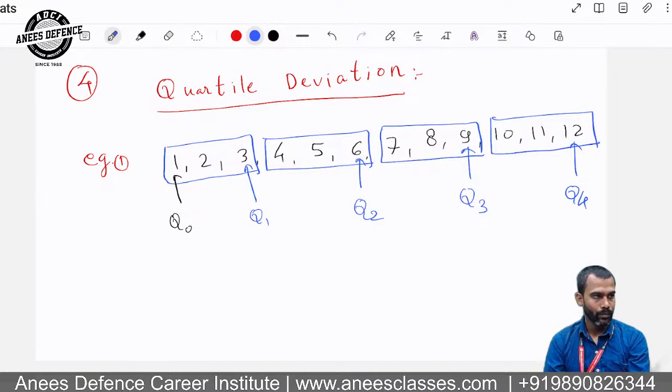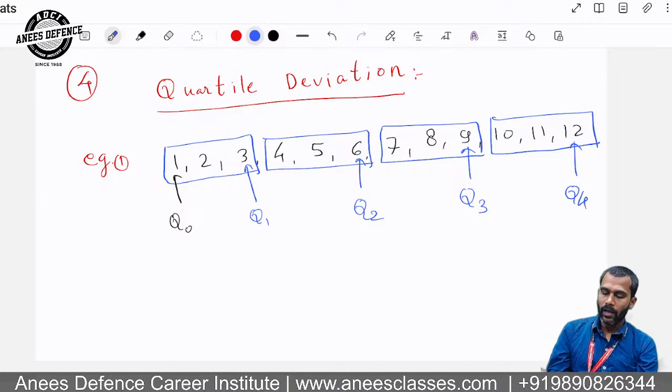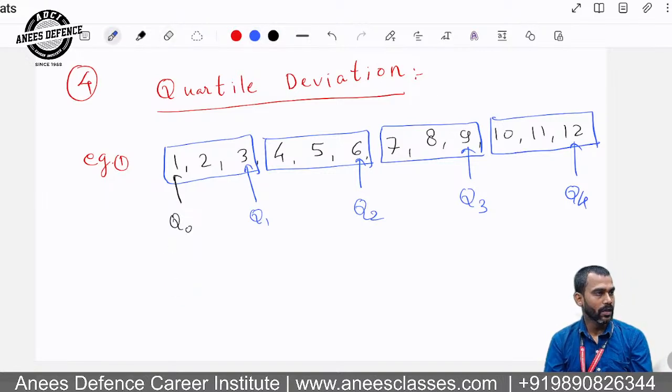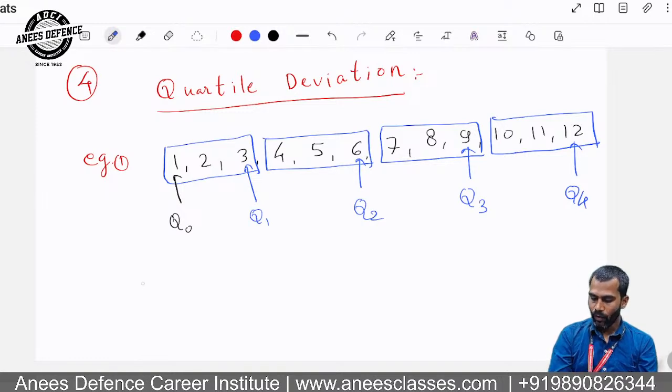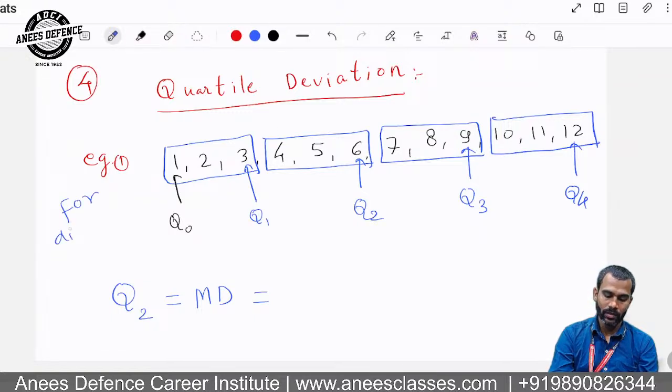So if I want to find out Qi for continuous data, this is for discrete data, you have to just write discrete data.